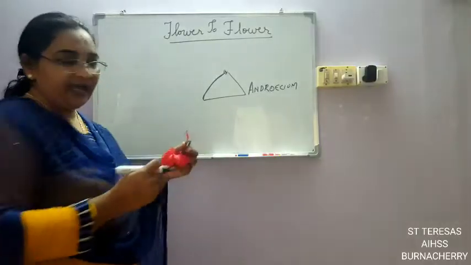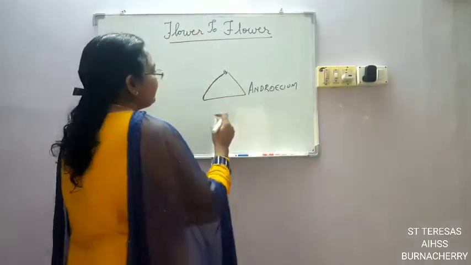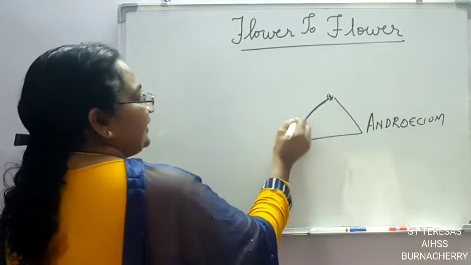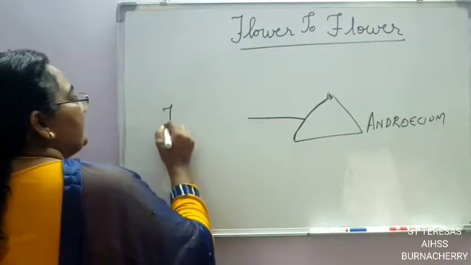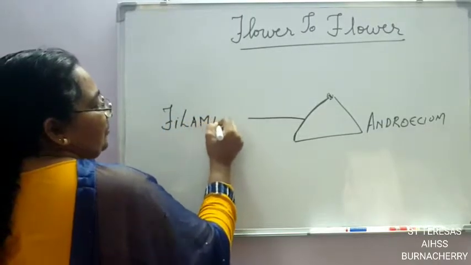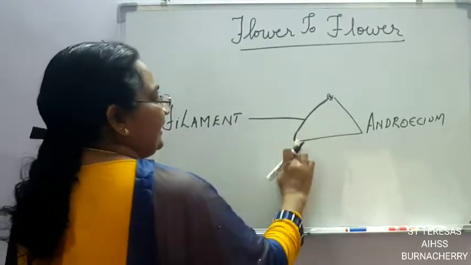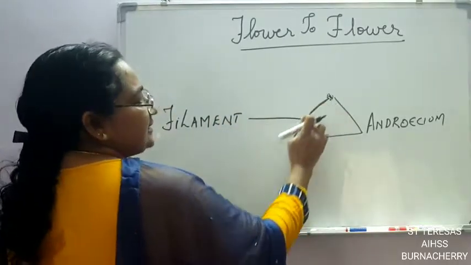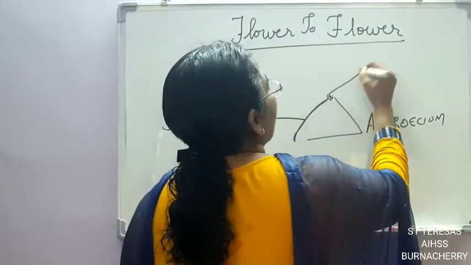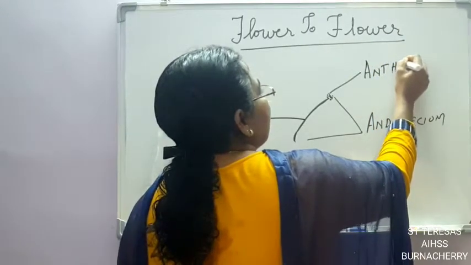Now the Androecium has got 2 parts. That is this portion, the hair-like thing. This is called the filament. What is this called? Filament. That is this hair-like part here. This is called the filament, and this portion on top is called the anther.